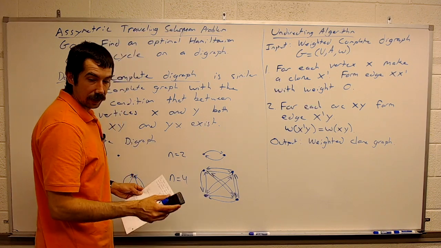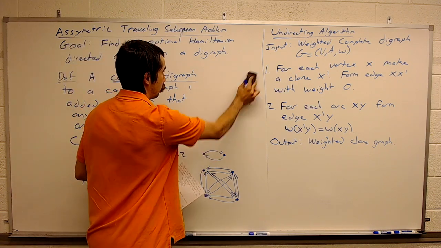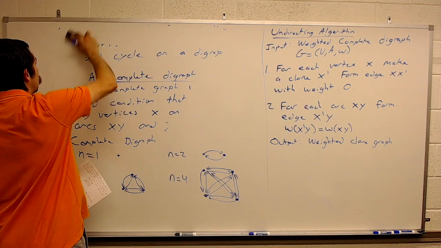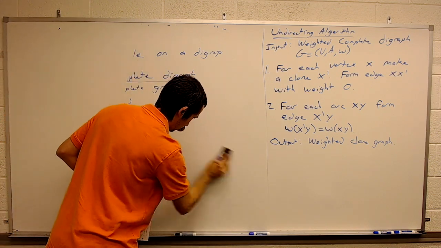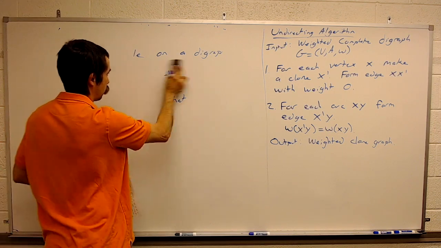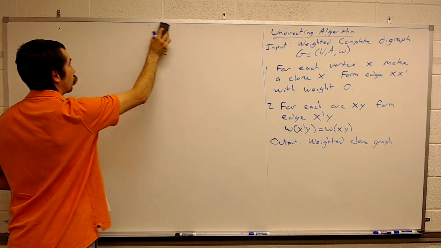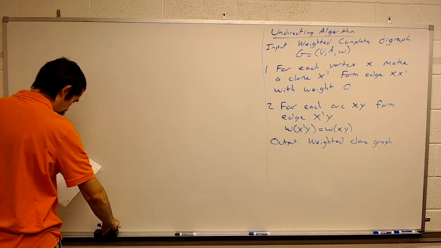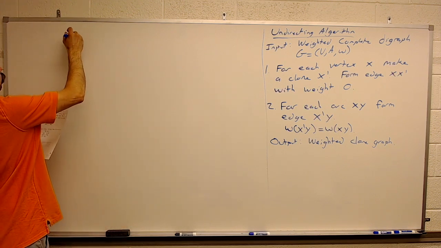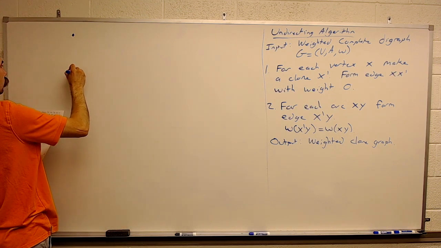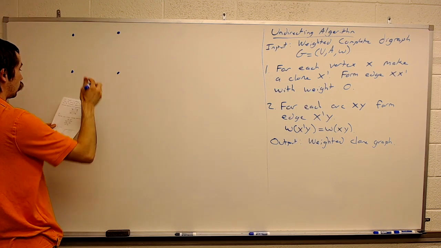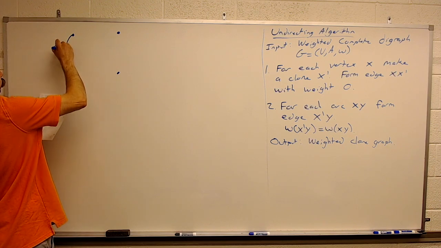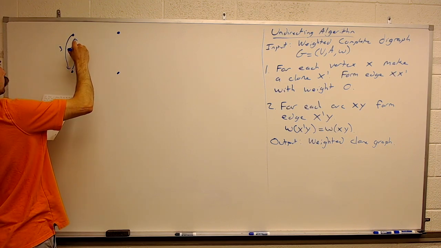All right, let's take a look at an example. So suppose we have the following weighted directed complete graph.